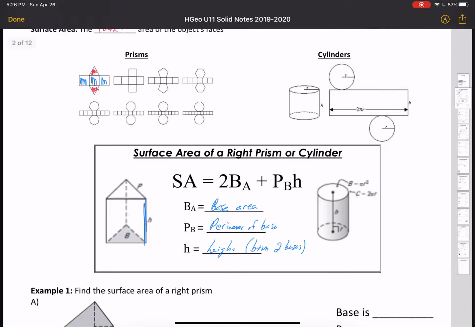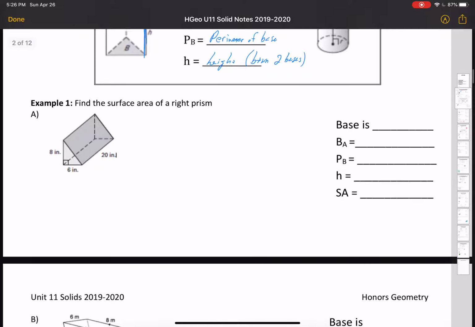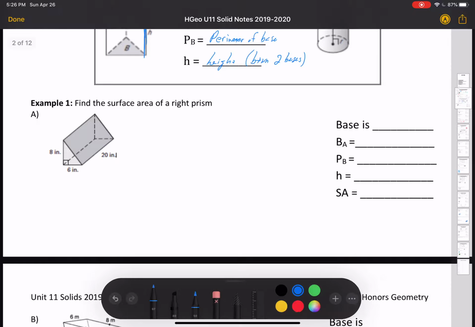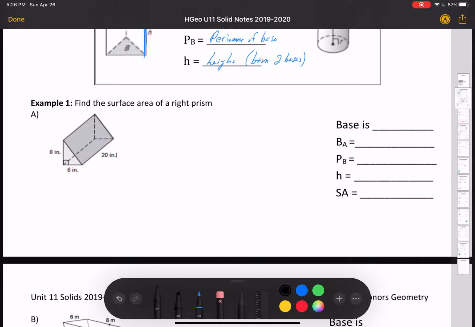Let's start using it. So find the surface area of this prism. The base is a triangle. And I find it helpful to draw our base separately since we need to find the area and perimeter of it. So to find the area of the triangle, we're going to do base 6 times height 8 divided by 2.